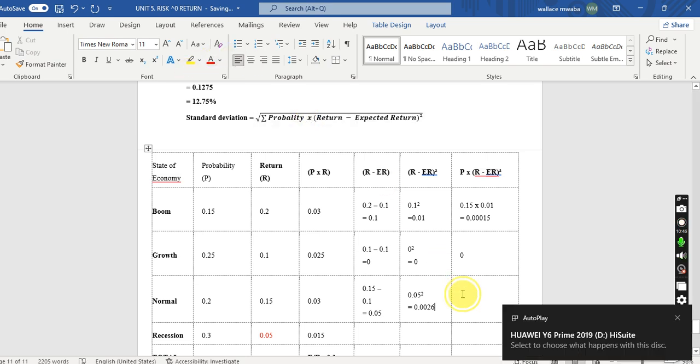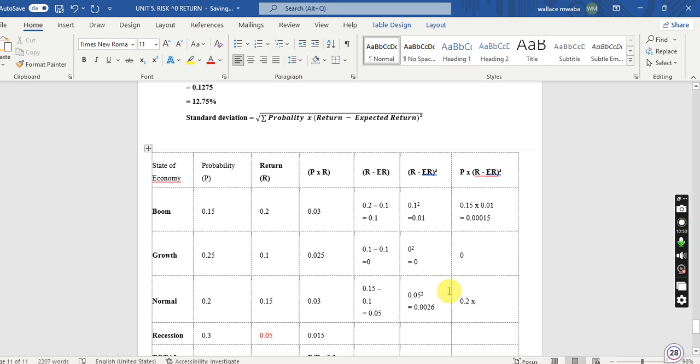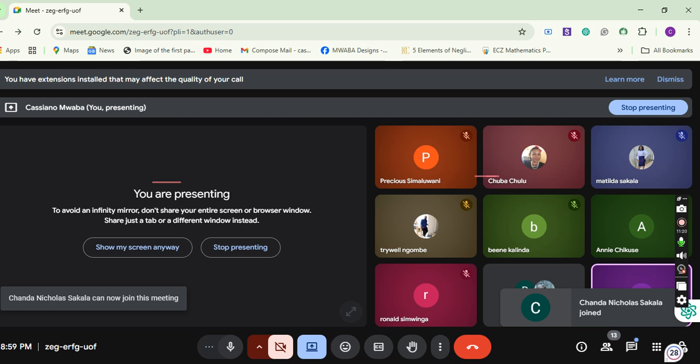Then we multiply it by the probability, 0.2 multiplied by 0.0025.